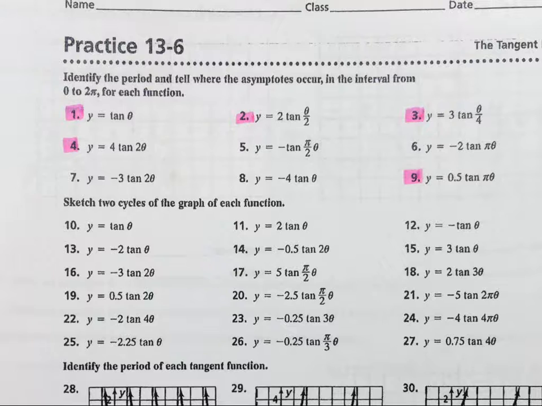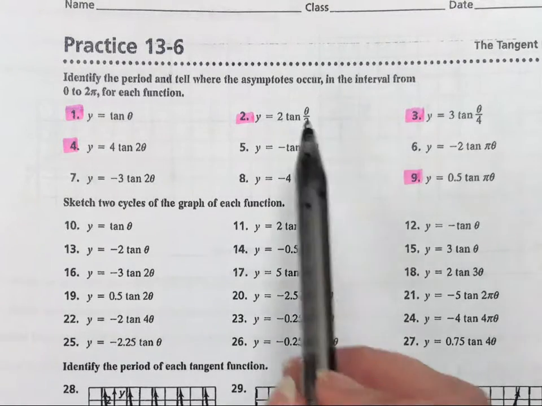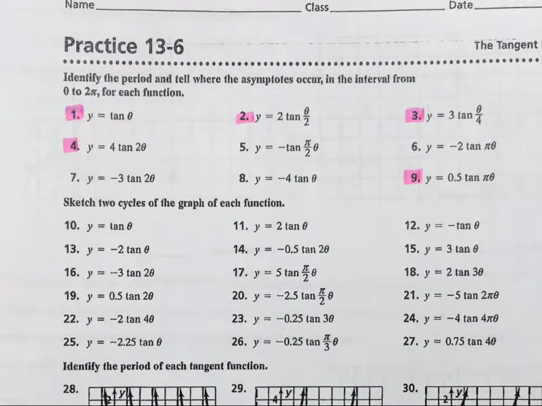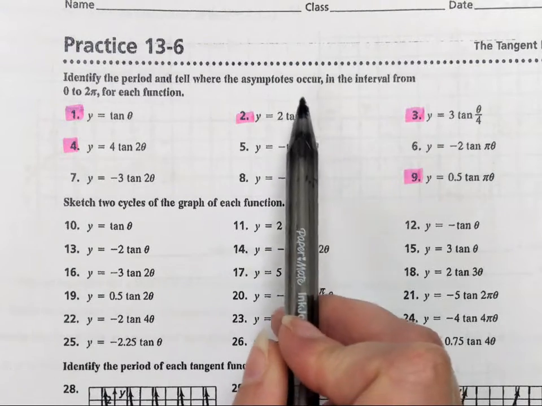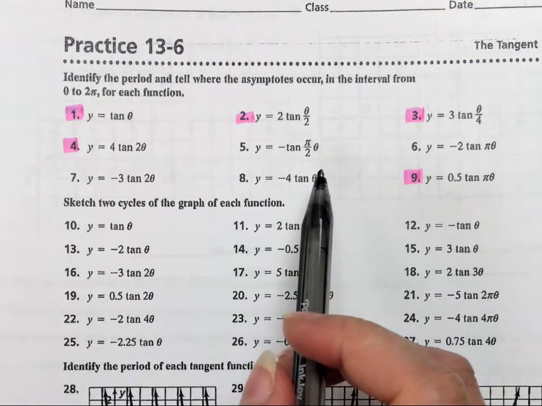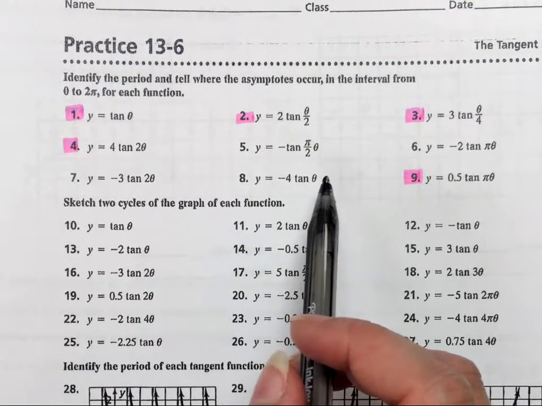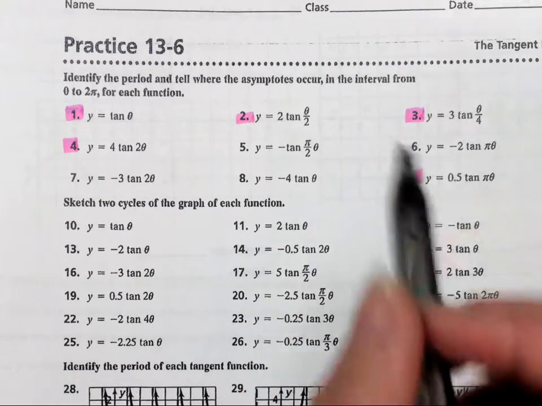What would my b be in this case? 1? Not 1, no, because you have that over 2 right here with this theta. We're looking at number 2, because we're looking at this crazy one. What's your b in number 2? How much, Sarah? 1/2. Very good.